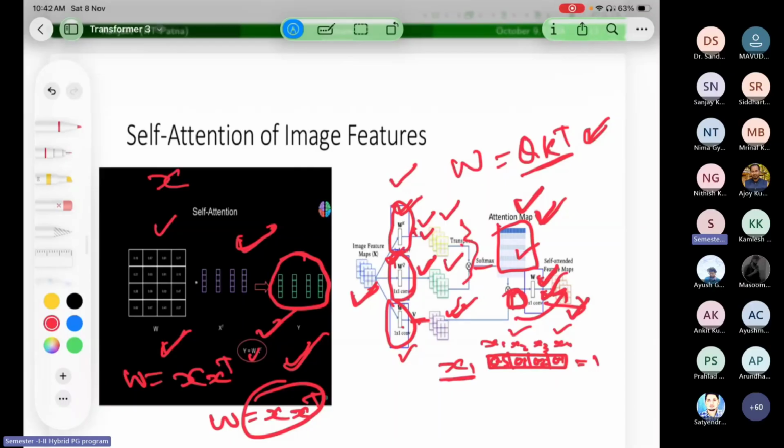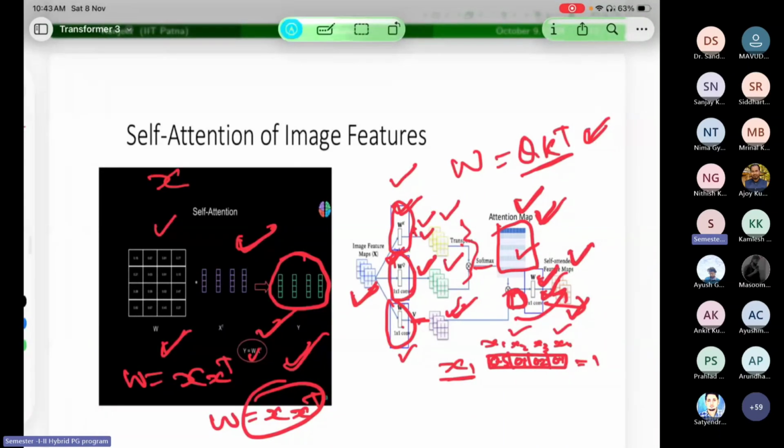So it's not that easy. But for the sake of understanding this whole concept, we generally give a lot of intuition or hypotheses for understanding a particular concept. Okay, so this is your self-attended feature map.